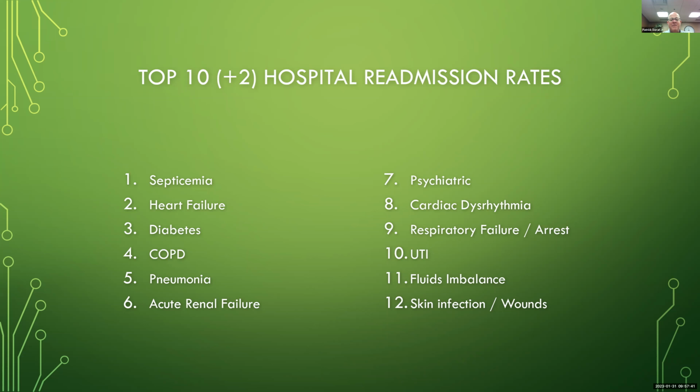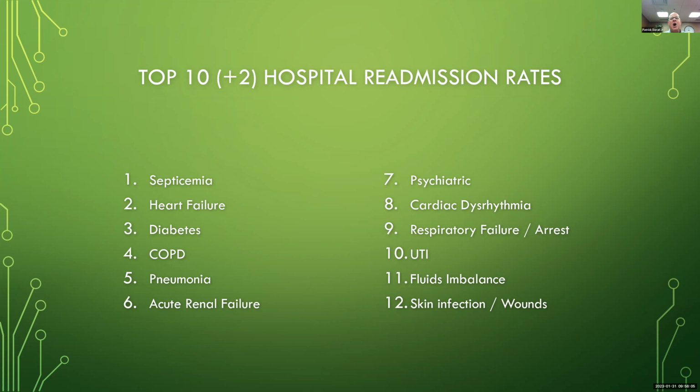COPD, another huge readmission. Chronic obstructive pulmonary disease, that can be emphysema or bronchitis. That does not include what I call the stiff lung disease illnesses like sarcoid or pulmonary fibrosis, things like that. Those people did not make the top 10 list.